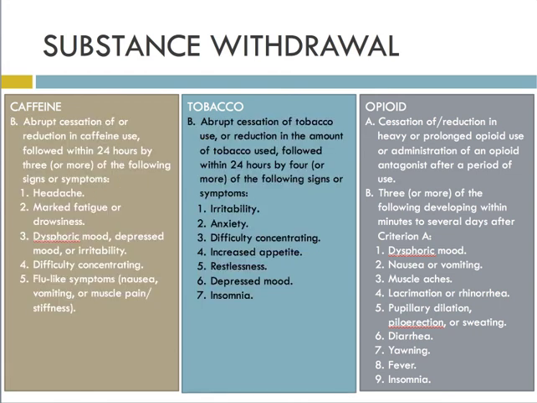For tobacco withdrawal, abrupt cessation of tobacco use or reduction in the amount of tobacco use must be followed within 24 hours by 4 or more of the following signs or symptoms: irritability, anxiety, difficulty concentrating, increased appetite, restlessness, depressed mood, or insomnia.